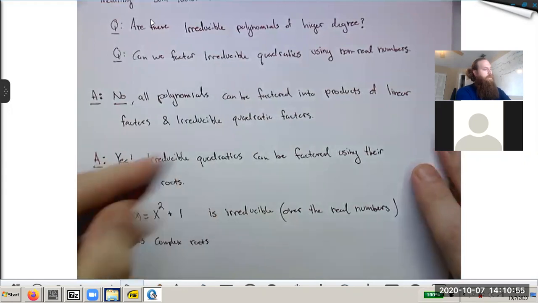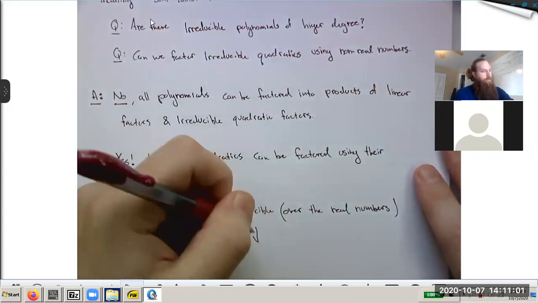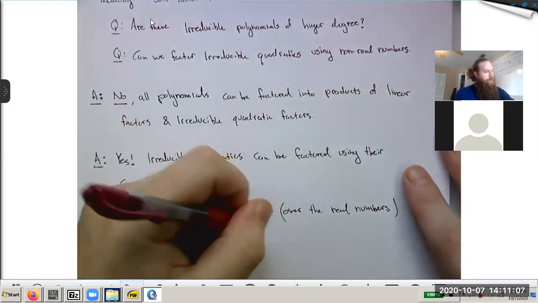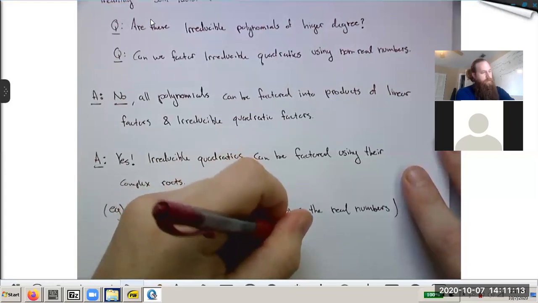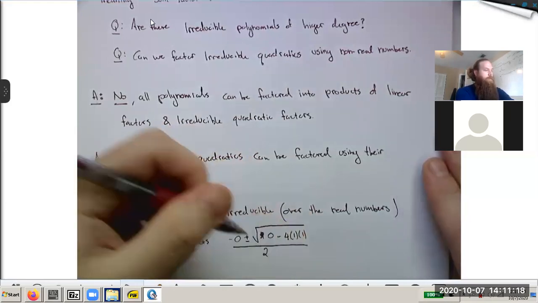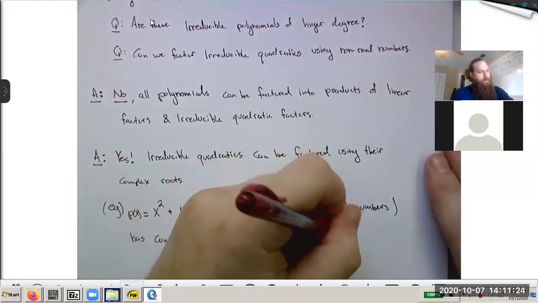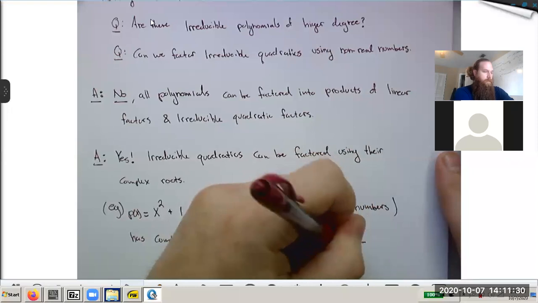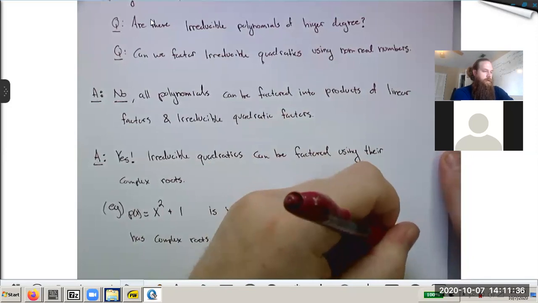Well, let's do it. x equals negative b, that's 0, so negative 0, plus or minus the square root of b squared, that's 0, minus 4 times a times c. That's 0 minus 4 times 1, all over 2a, which is 2. So that's 0 plus or minus the square root of -4 over 2, which is plus or minus 2i over 2.